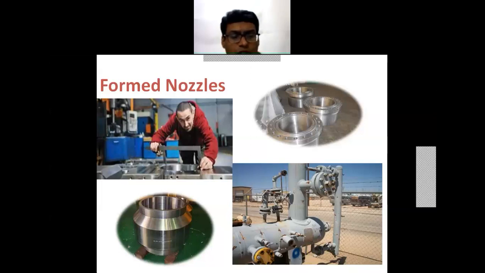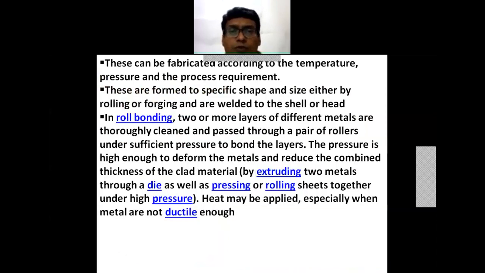These formed nozzles are formed to a specific shape and size either by rolling or forging. Even in the case of casting, these nozzles can be formed. These are fabricated according to the temperature, pressure and the process requirement. These are formed to the specific shape and size either by rolling, forging, and are welded to the shell or head.